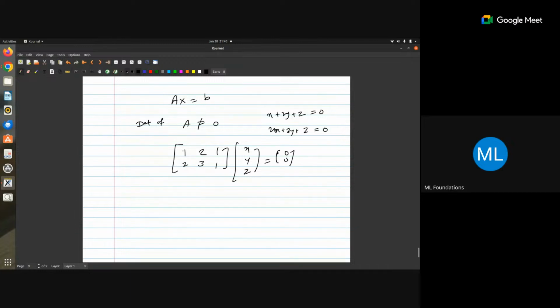Think of these three as vectors and try to find a certain combination of them. If that combination gives me 0, then this is fine. Or you can make them like this, and now you have to solve for some x prime y prime, and try to find the combinations of these two.